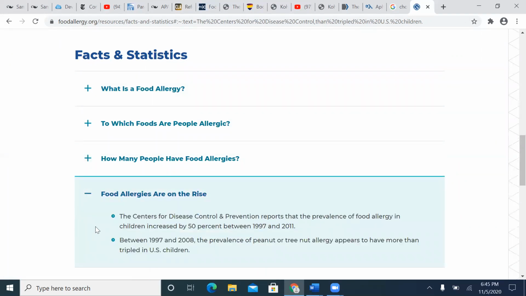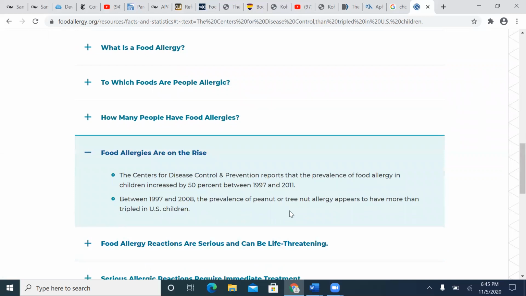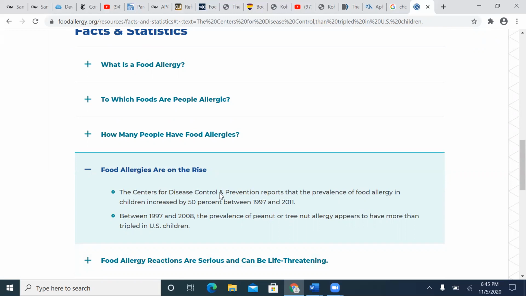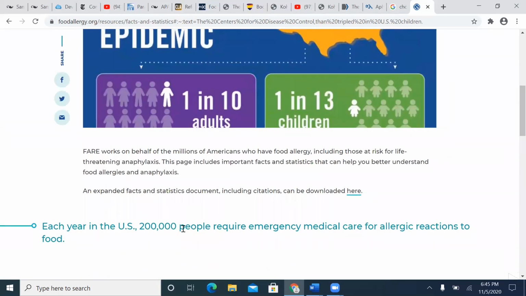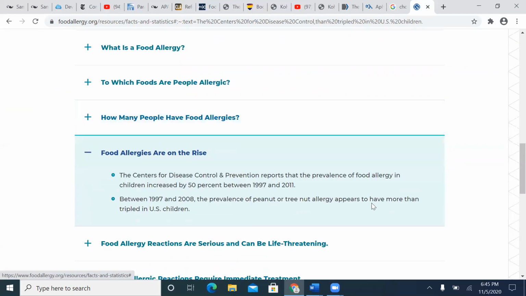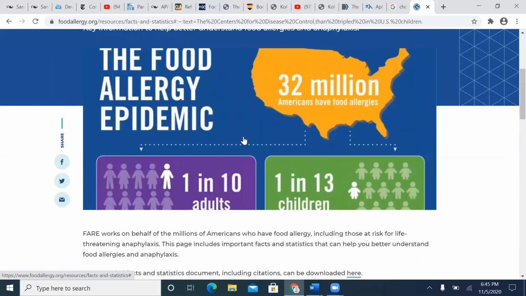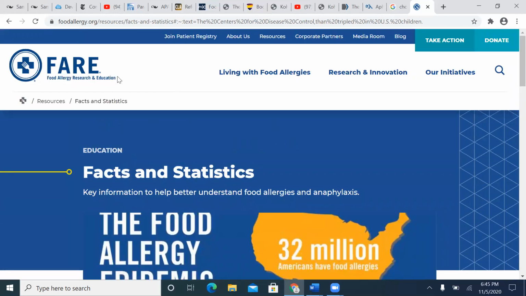All right, so between 1997 and 2008, the prevalence of peanut or tree nut allergy appears to have more than tripled in US children. So I'm going to use this tripled in US children and this idea that there are 200,000 emergency room visits, okay? So between 1997 and 2008, and the organization that's reporting this is the Food Allergy Research and Education.